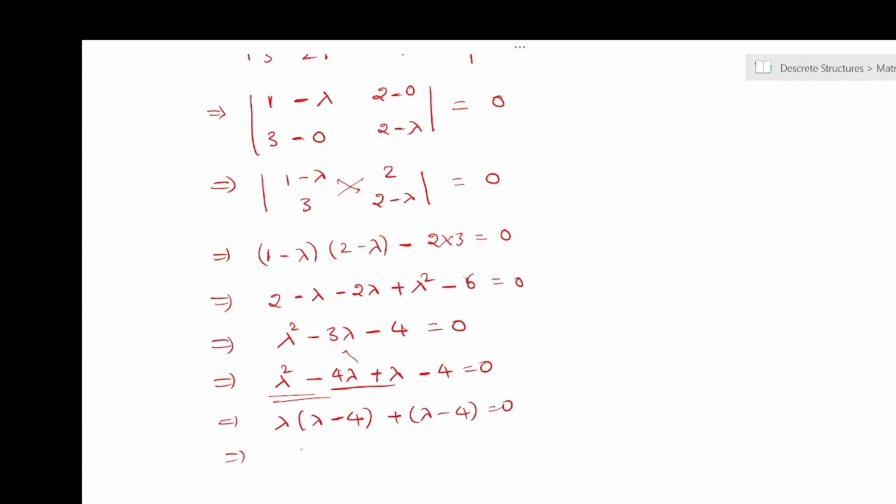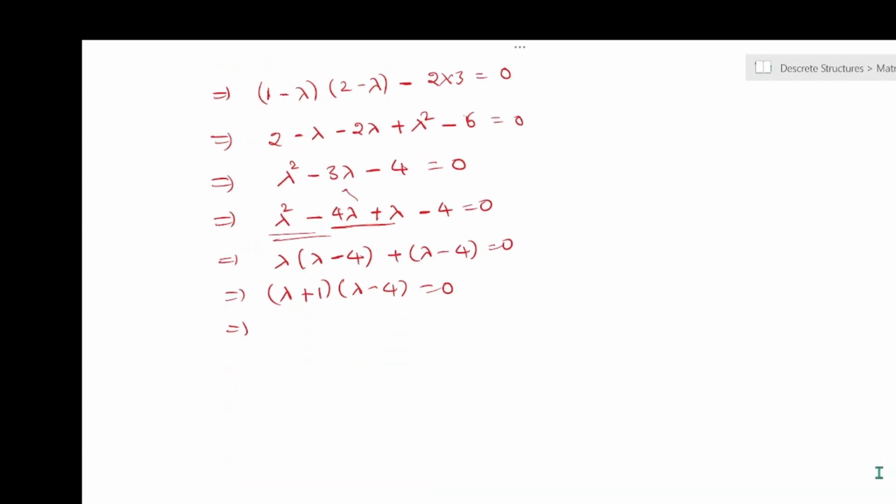From both of these we have lambda plus 1 into lambda minus 4 is equal to 0. This implies lambda is equal to minus 1 or lambda is equal to 4. And therefore we are going to find the eigenvectors. These both are eigenvalues.